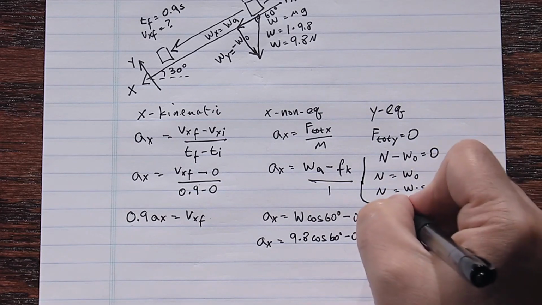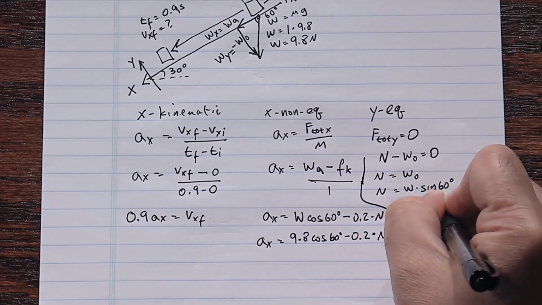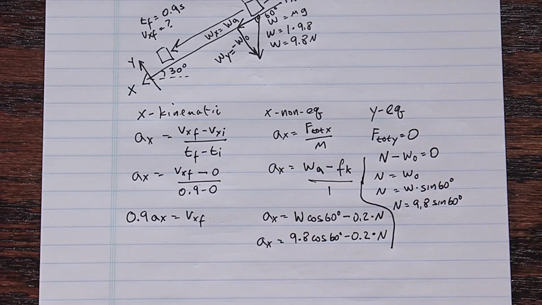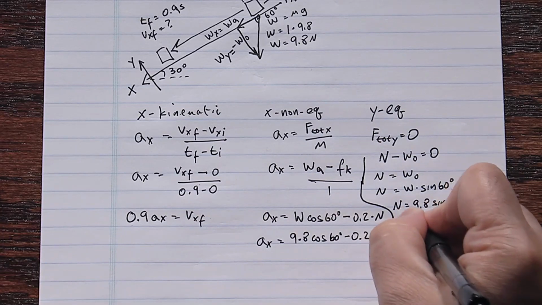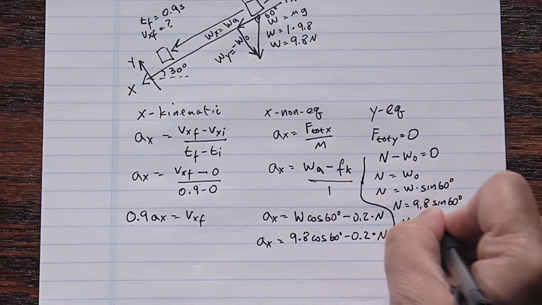And that tells us that the normal force is equal to 9.8 sine of 60 degrees, or my normal force, 9.8 times sine of 60 degrees is 8.49 newtons.